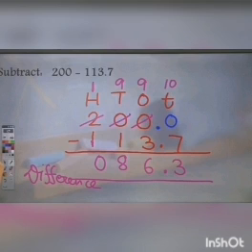We need to convert them into like decimals. So this number has one decimal place, that is one place after the decimal point. So in 200 as well I put a point and put a 0 here. Now these are like decimals because each number has one digit after the decimal point.